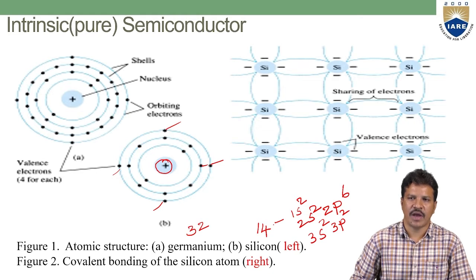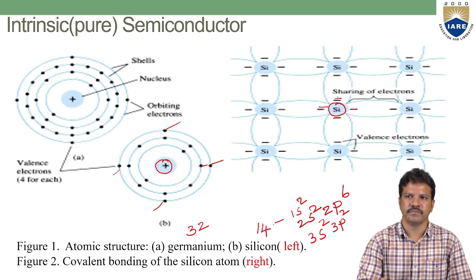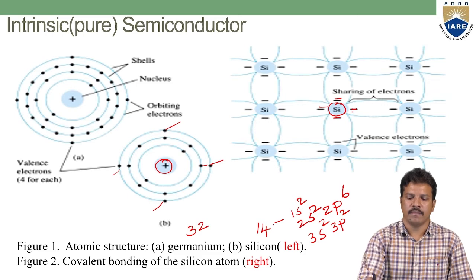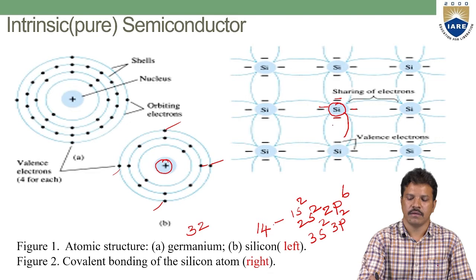Only the valence electrons are shown. The 4 minus symbols represent the valence electrons. One atom of silicon forms a covalent bond with the neighboring silicon atom. This is called a covalent bond.